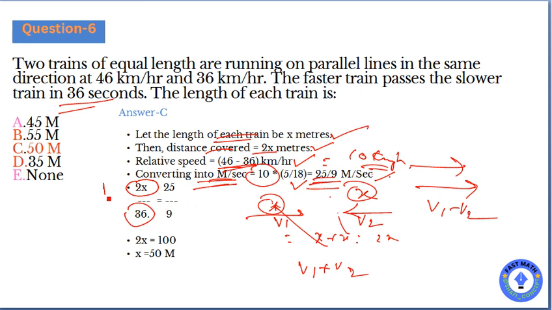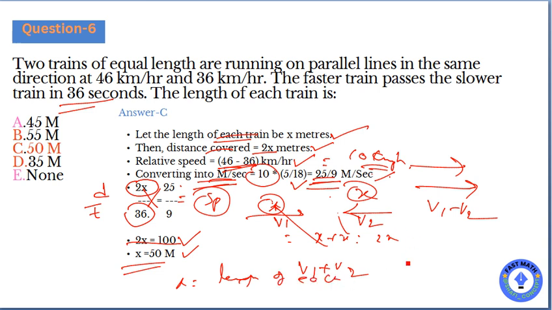That is, distance by time is equivalent to speed. After solving this formula, you get 2x is equal to 100, and ultimately x is equal to 50. x is nothing but the length of each train.